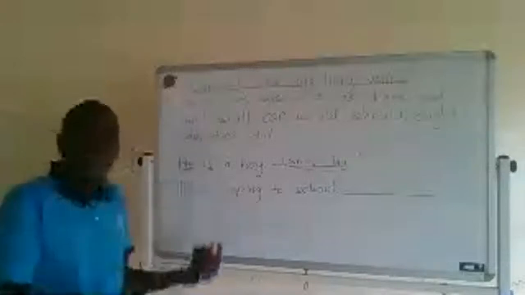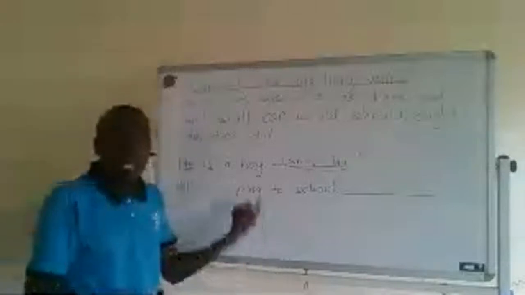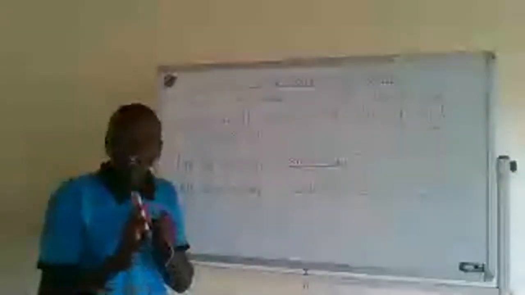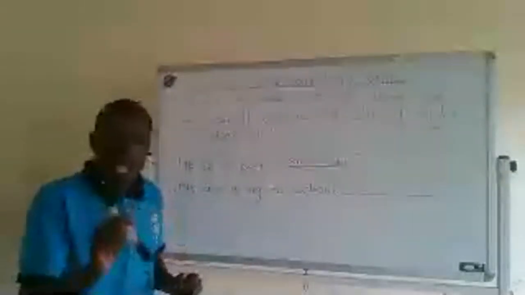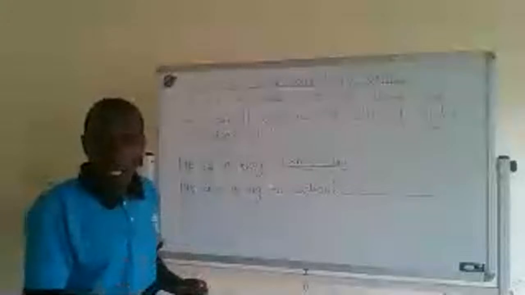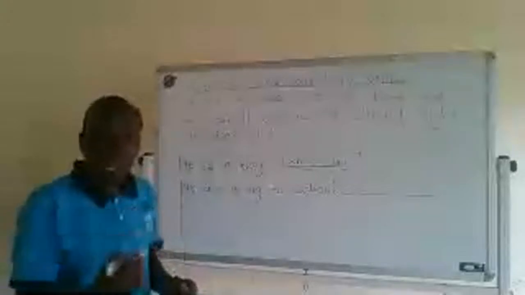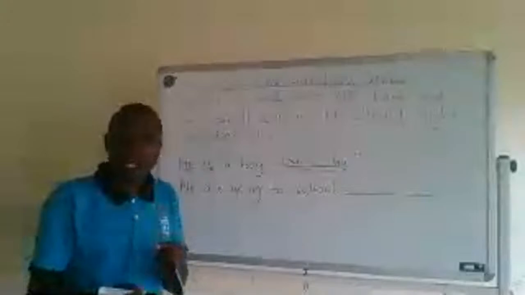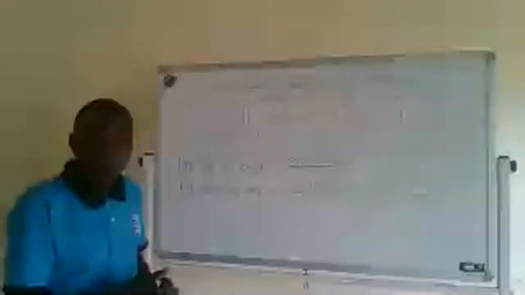We look at the helping verb that has been used in the statement, because they are the major things which are required. Lastly, the nature of the sentence: is it positive or negative? If it is positive, we have to ensure that our question tag is in a negative form.